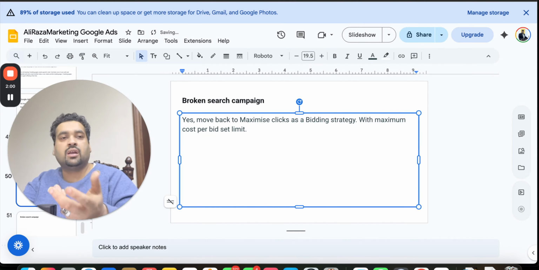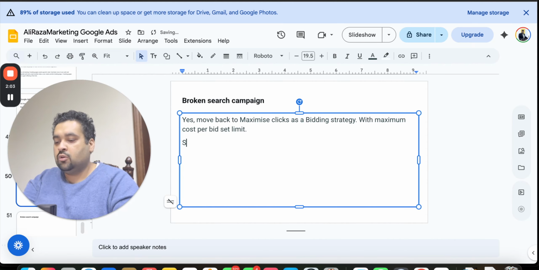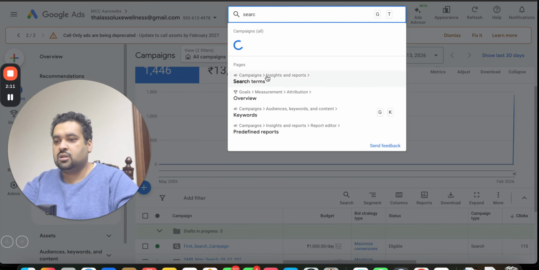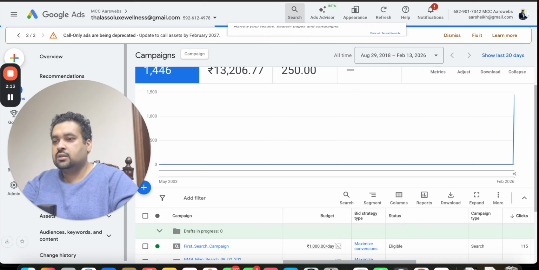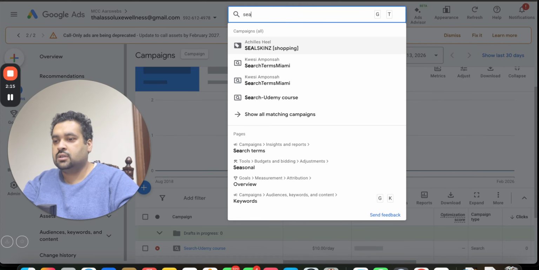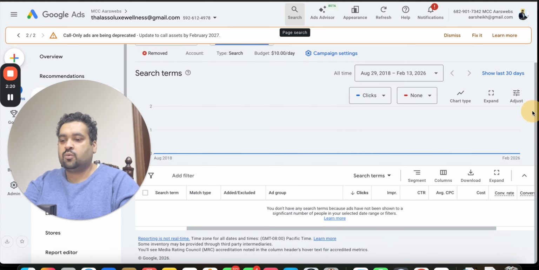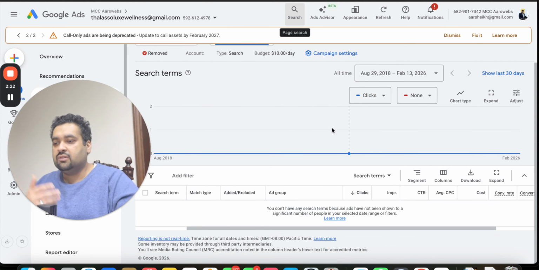Okay, after you are done with this, I think that you need to look around for your search terms. You can simply move on to the account and go over here and look around for the search terms inside. Search terms over here, insights and reports, and see the traffic which is not converting well, not running well. The keywords may be shown over here.